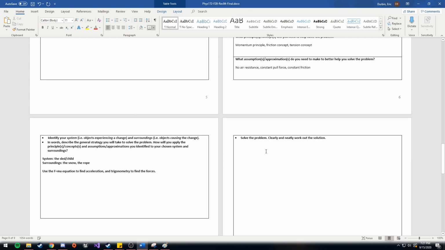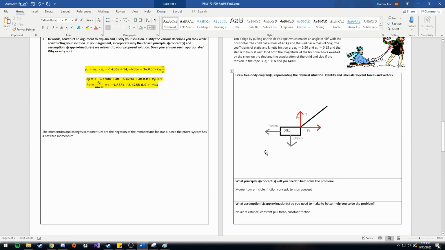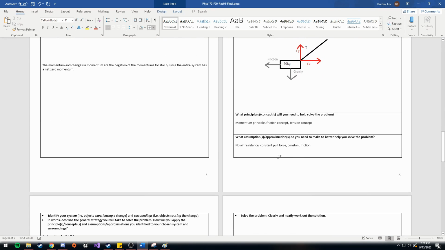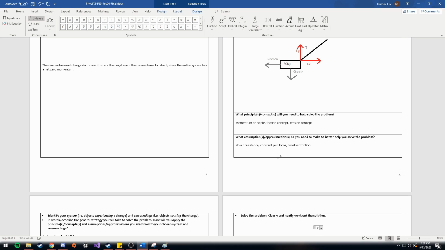Okay. Are you guys on the solve the problem step? Yeah. Right. So the f of x, or force in the x direction, would be... oh gosh, I'm blanking.